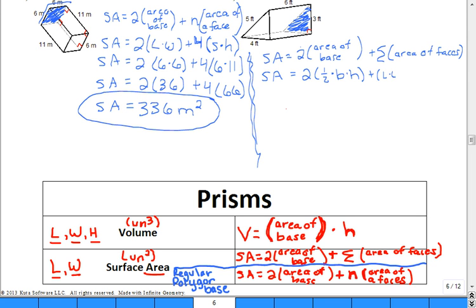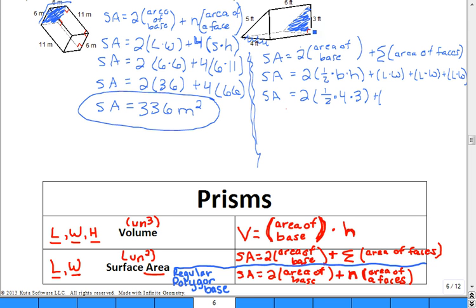So we're going to say length times width plus length times width plus length times width. Okay, so I have 1/2. My base is 4. My height is 3. And then I'm going to have 3 faces.